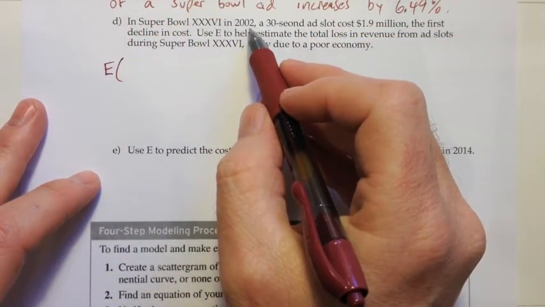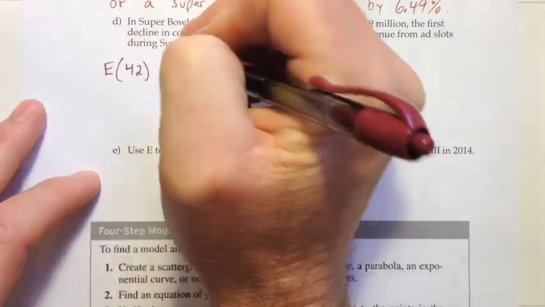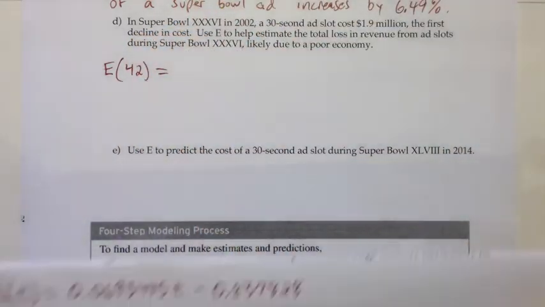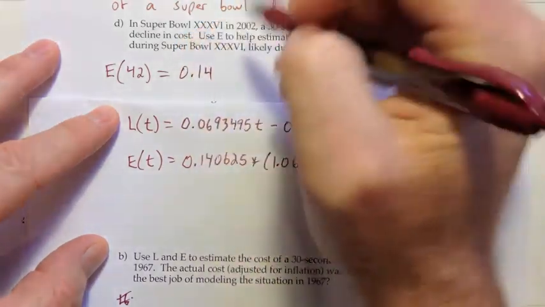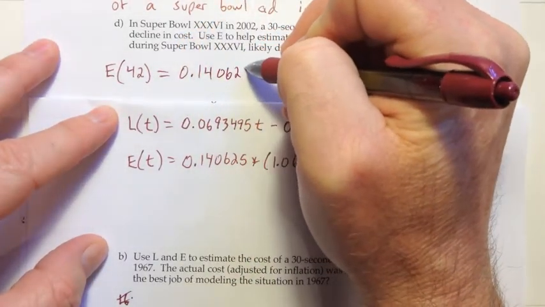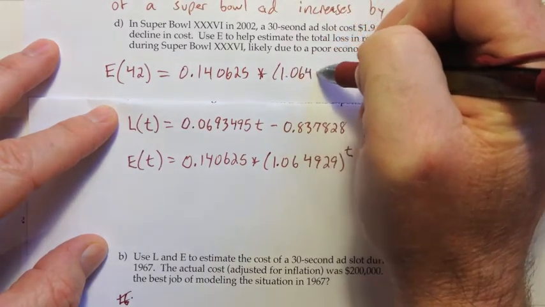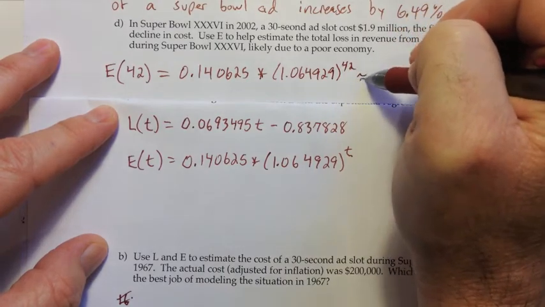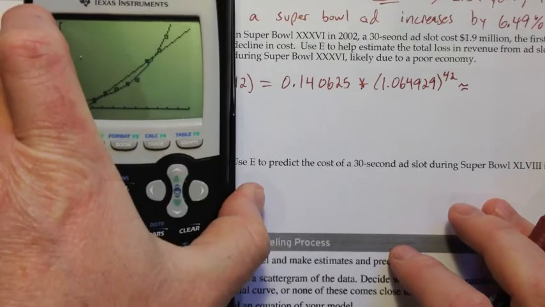2002 is 42 years since 1960, so that would be E of 42. And we'd want to plug that into our exponential function. Let's just bring that in real quick. So that'd be 0.140625 times 1.064929 raised to the 42nd power. So let's see what the calculator says that would be.